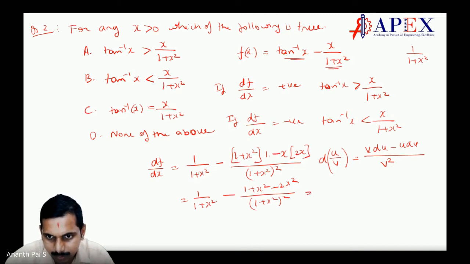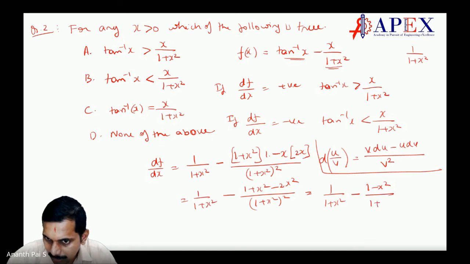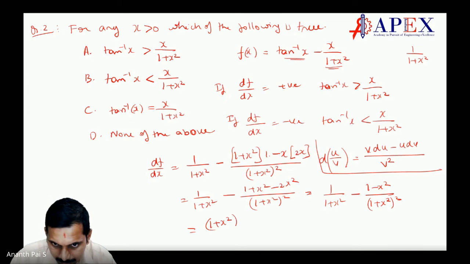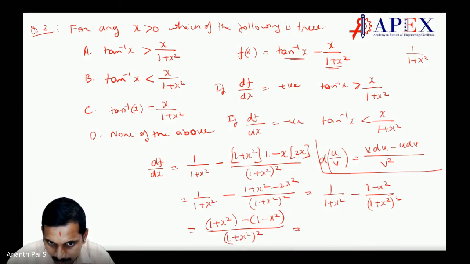This would be equal to 1 by (1 plus x square) minus (1 minus x square) divided by (1 plus x square) the whole square. So this we can further write as (1 plus x square) minus (1 minus x square) divided by (1 plus x square) the whole square. This would be equal to, 1 cancels, you remain 2x square divided by (1 plus x square) the whole square.